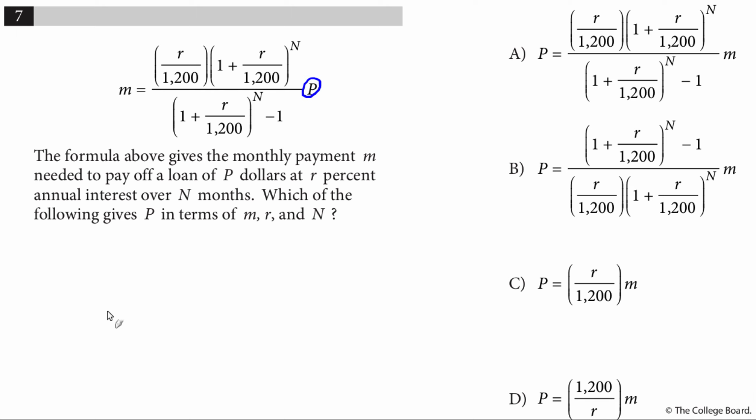I don't have much room to work, so I'll start up here. But I notice that I have all of this divided by this term down here. So I'm going to multiply the right-hand side and left-hand side by this denominator. So I would have 1 plus r over 1,200 minus 1, and do that on both sides.